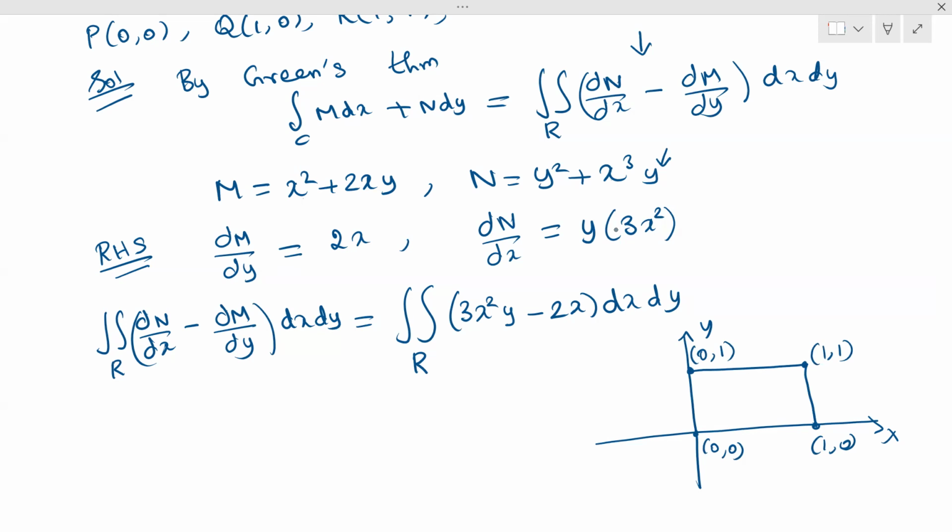If we want the x limit first, draw a line parallel to the x-axis in the region. Here the line starts at the line whose equation is x equal to 0, and ends at the line whose equation is x equal to 1. So x varies from 0 to 1.